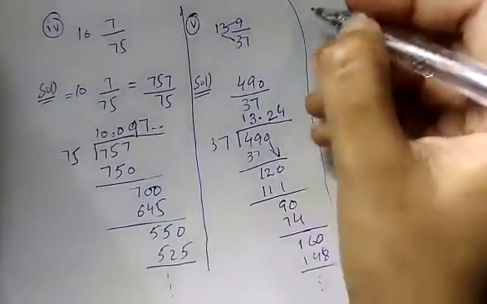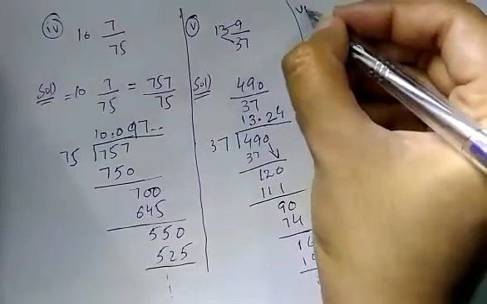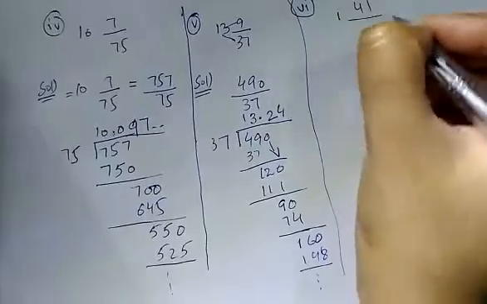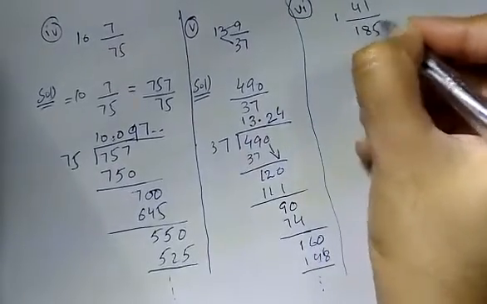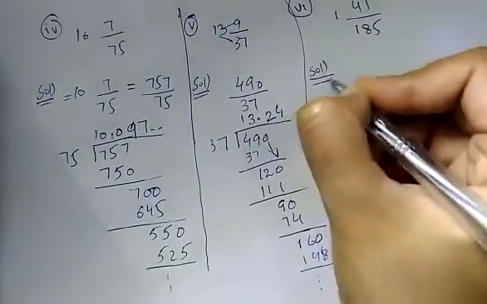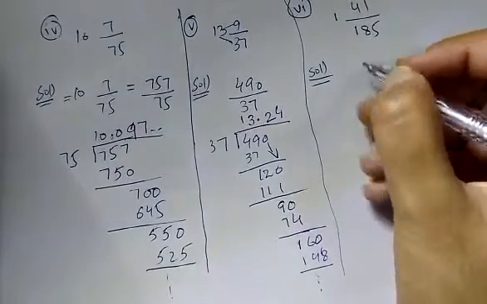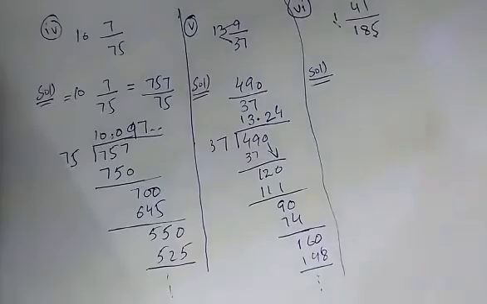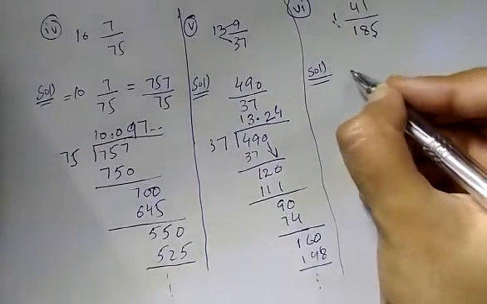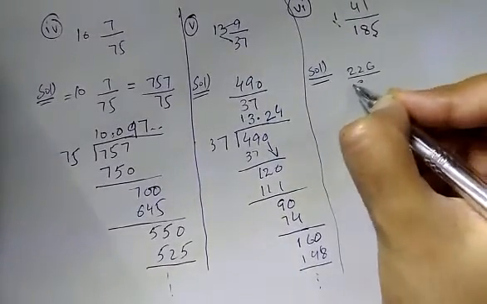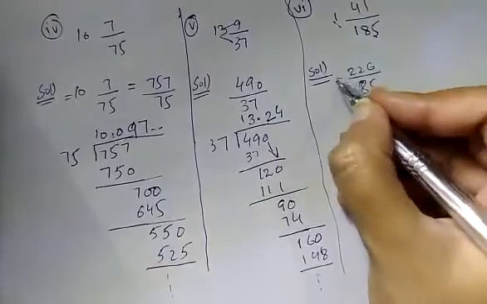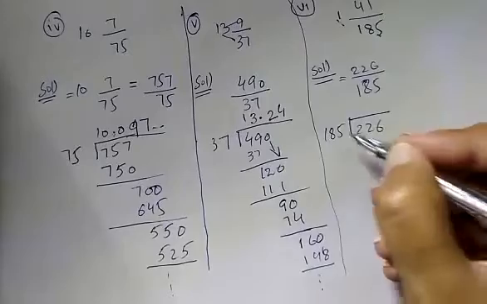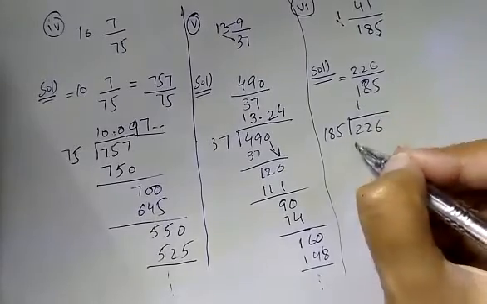Now move towards part number 6, which is 1 into 41 by 185. If we change it, 185 is added in 41, so the answer is 226 by 185. 226 with 185. 185 ones are 185.